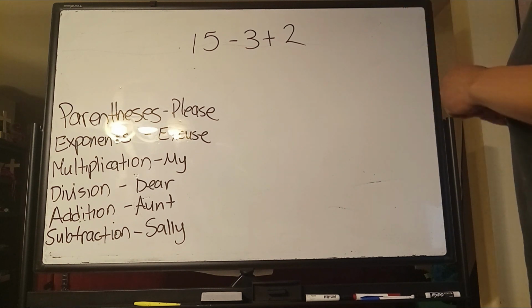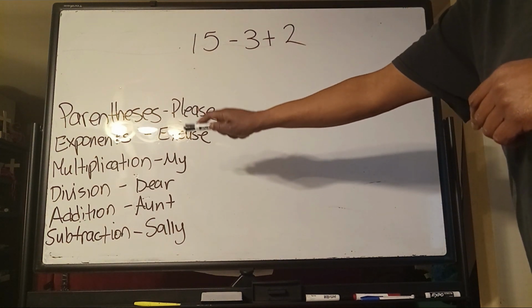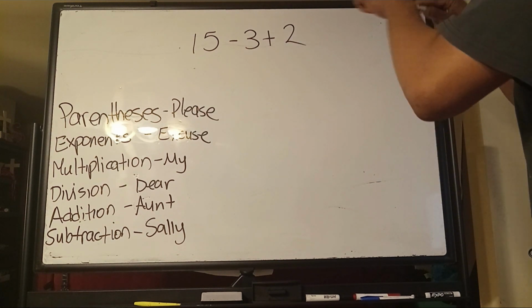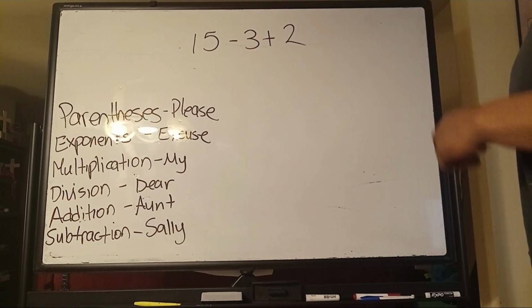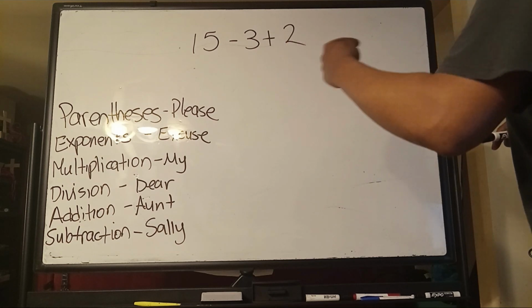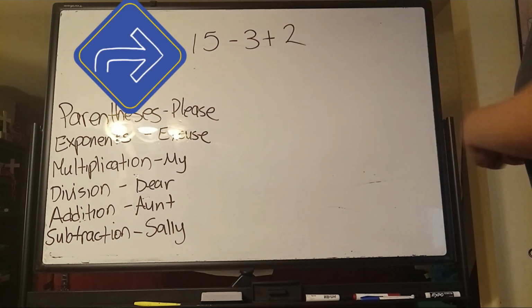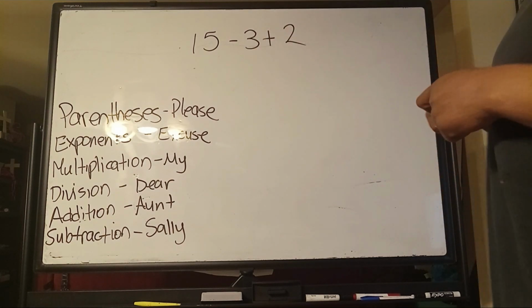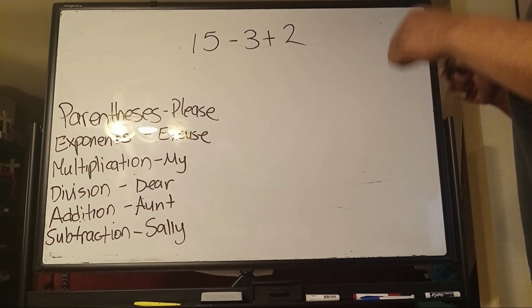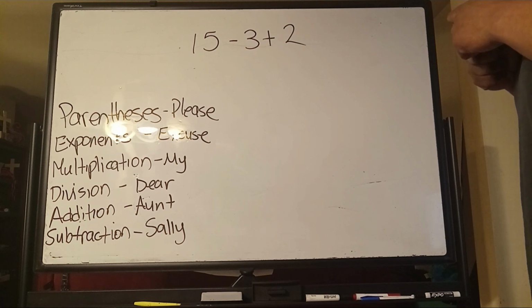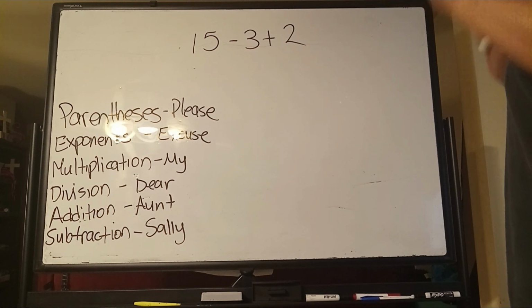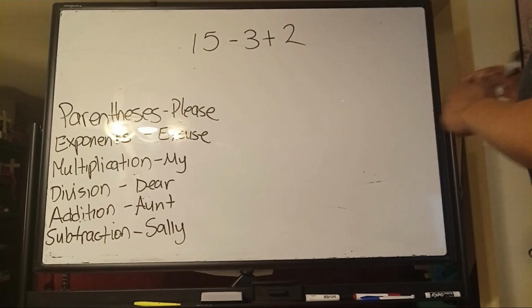But if the problem has multiplication and division in the same problem, like how they have subtraction and addition, then you have to do whichever one comes first, moving from left to right. Same thing with addition and subtraction. They have the same weight, but they have to be done last.